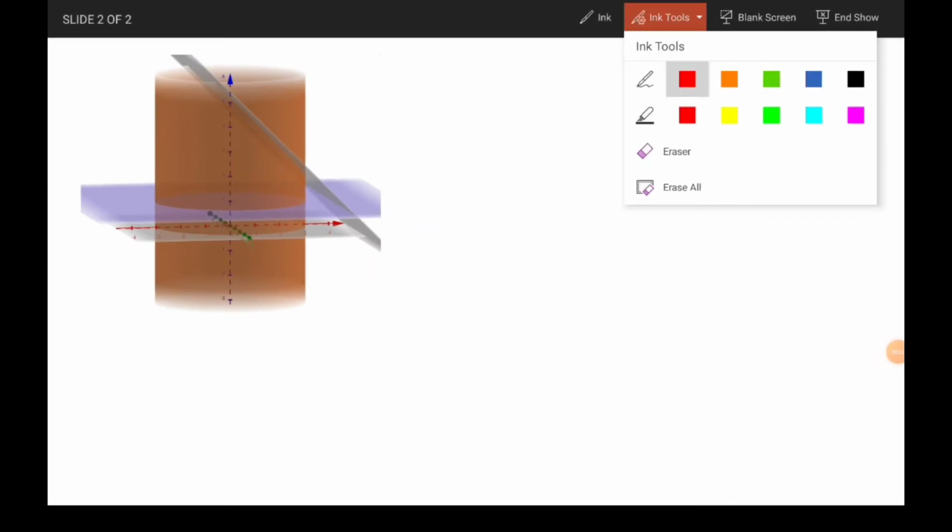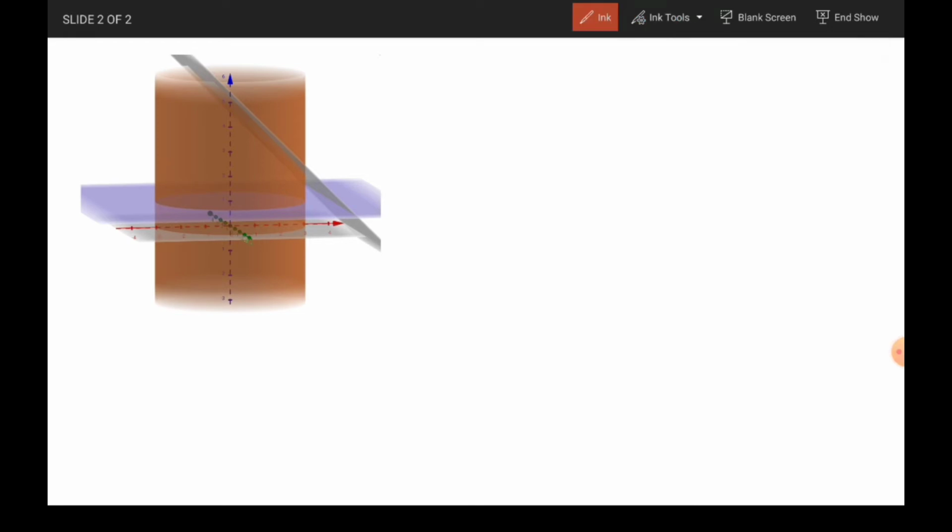For the next example, this is also an example from the exercise in the book, Q4A. You can refer to the book. The cylinder is x squared plus y squared equals 9.